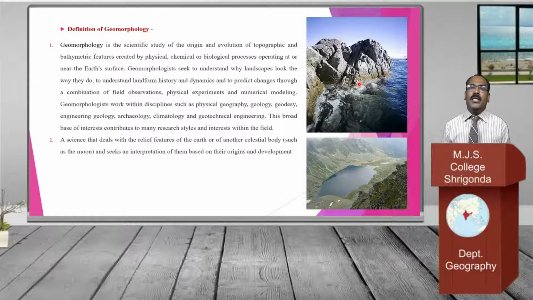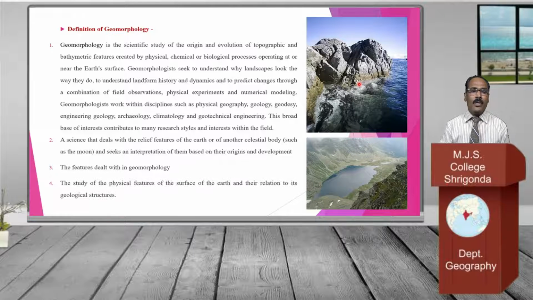The second definition: a scientist that deals with the relief features of the earth or another celestial body such as the moon, and seeks interpretation of them based on their origin and development.